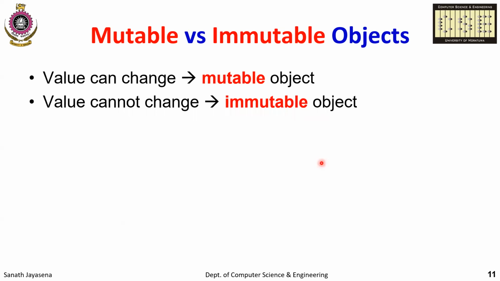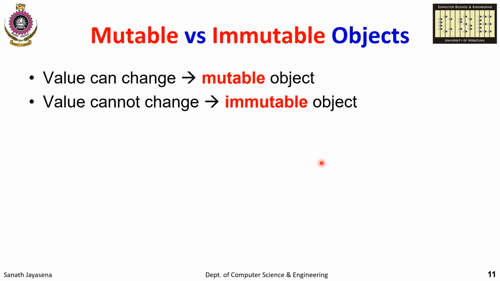So with respect to objects, when you say an object is mutable, it means its value can change, right? When we create an object, it will have a value. We earlier mentioned that every object has three things.